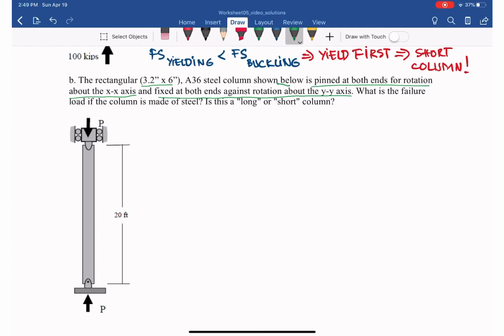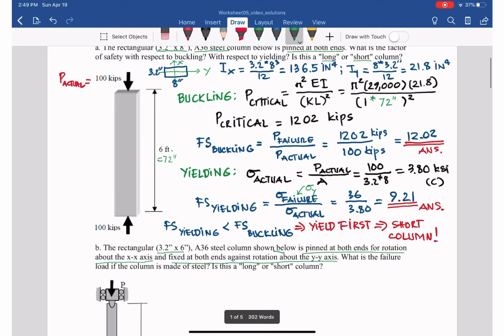So what is the failure load if the column is made of A36 steel, and is it a long or short column? It's different from the first one.